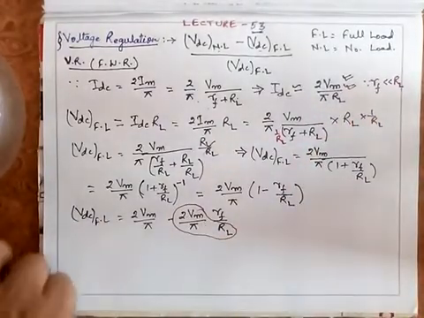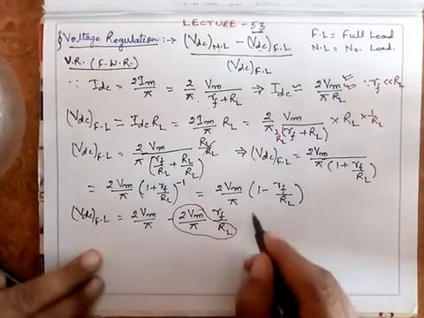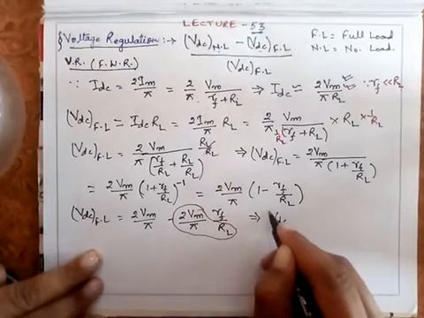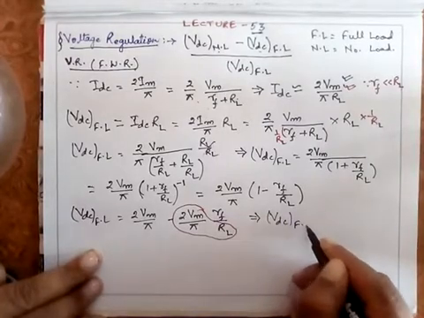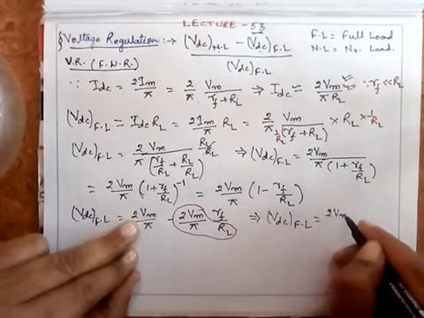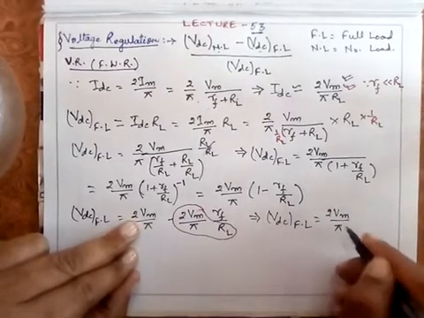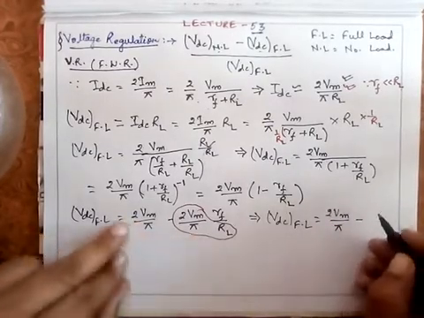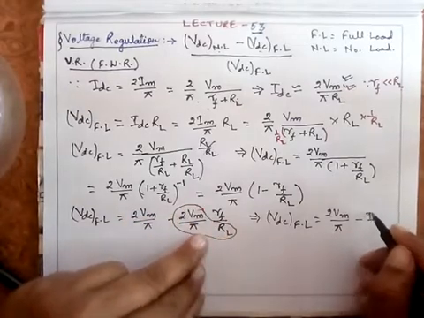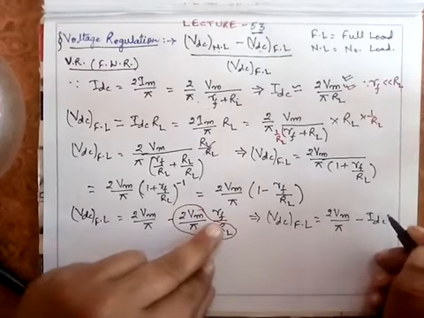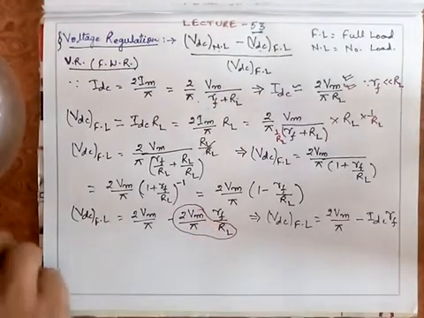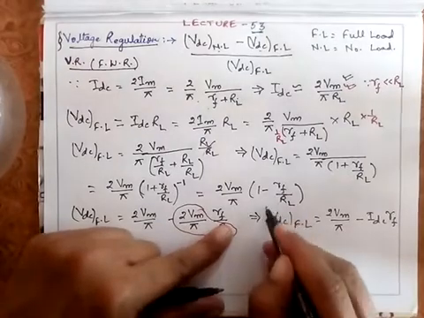So I can say that the value of DC voltage under full load condition will be equal to twice Vm by pi minus this factor is IDC. I replace this by IDC. So it is IDC into Rf. I hope that this is clear to you. First, this is VDC under full load condition.